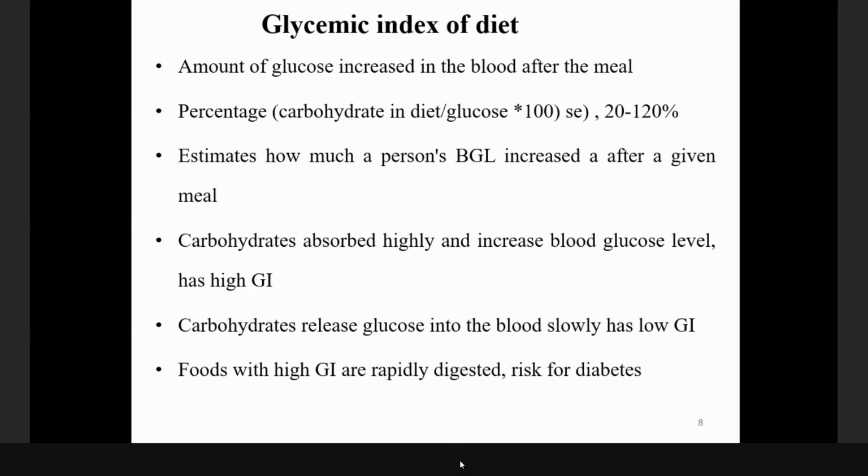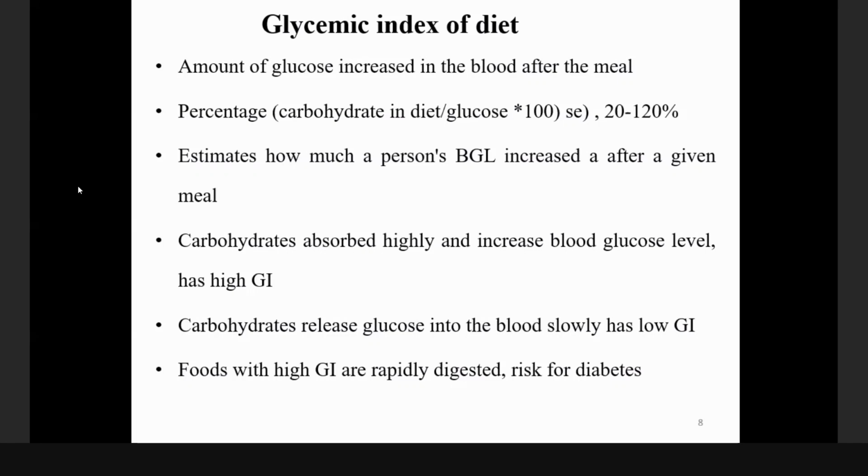So food with high glycemic index is rapidly digested, rapidly absorbed, and increases glucose in the blood quickly. And these diets are not good for a patient with diabetes mellitus.